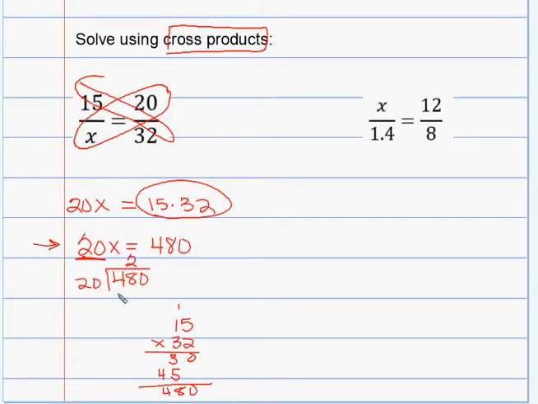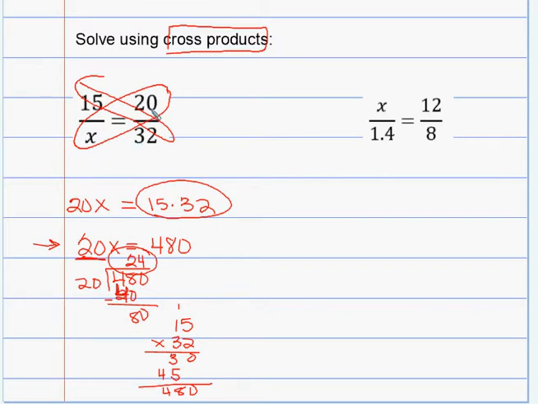That would be 2. Oops, that's 40. 80, so 24. So x has to equal 24. Notice that in this case it would have been really difficult for us to look at 15 and figure out what I multiply it by to get 20. But cross products always works.